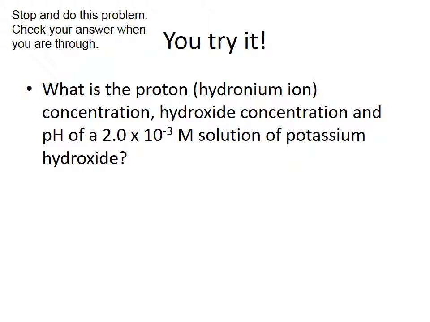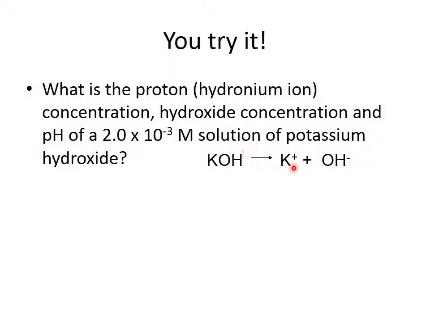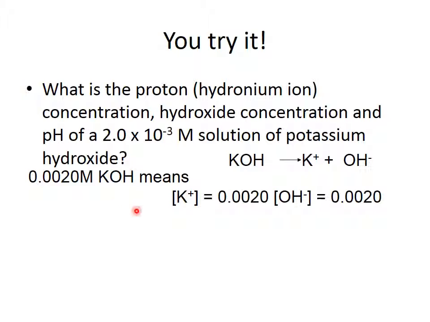Determine the proton concentration, the hydroxide concentration, and pH of a 2 × 10⁻³ molar solution of potassium hydroxide. Well, the first thing you need to do is write the formula for potassium hydroxide, which dissociates into potassium and hydroxide ions. So the concentrations of potassium and hydroxide are known. 0.002 molar KOH gives a potassium concentration of 0.002 and 0.002 of hydroxide.